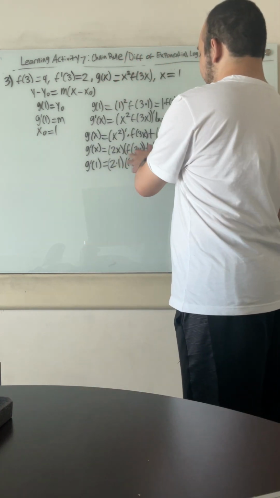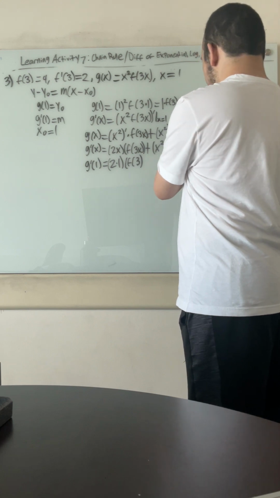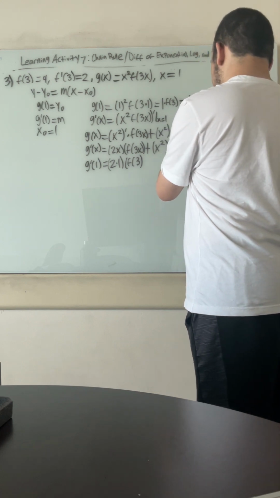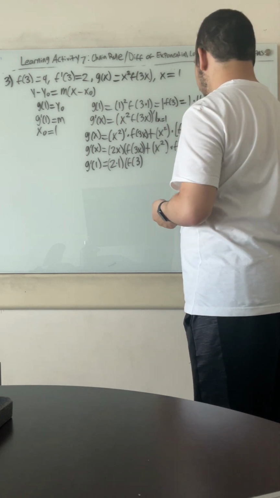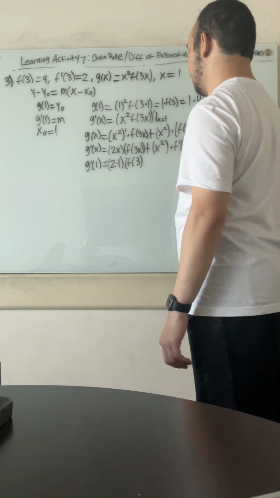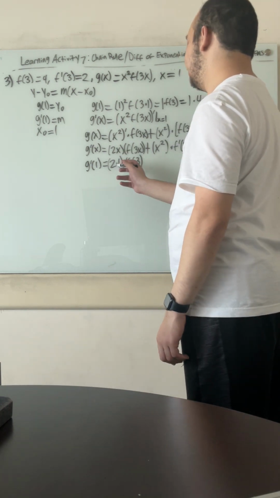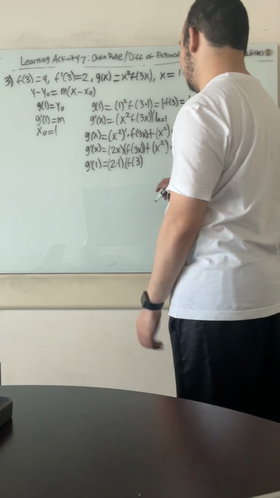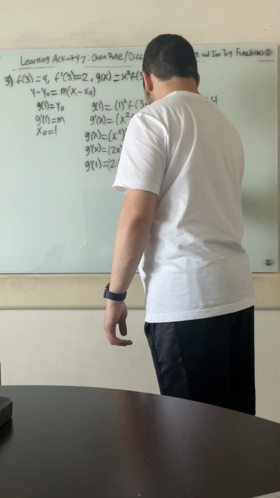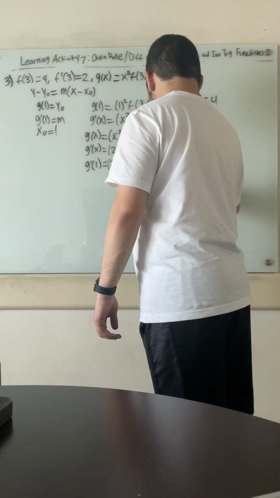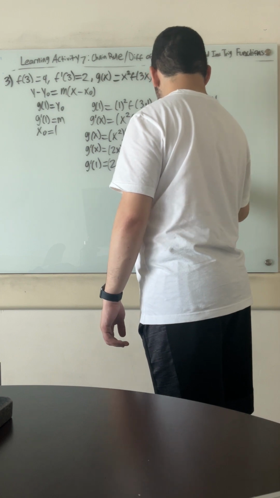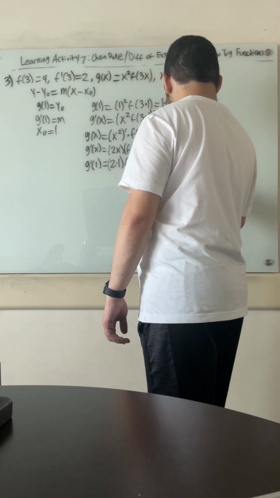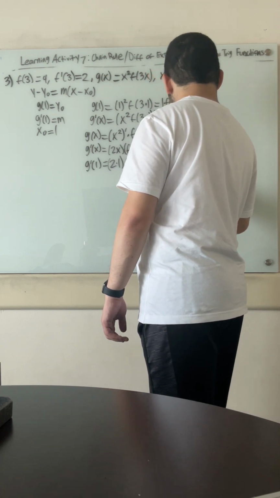I'm not gonna put 3 times 1 because since we're evaluating at x equals 1, I already know straightforward that it's f of 3, and I know I put right here 2 times 1, but why not? Plus 1 squared times f prime of 3.